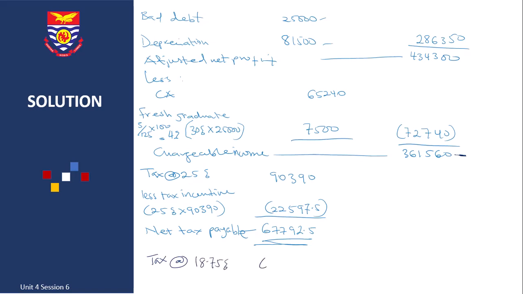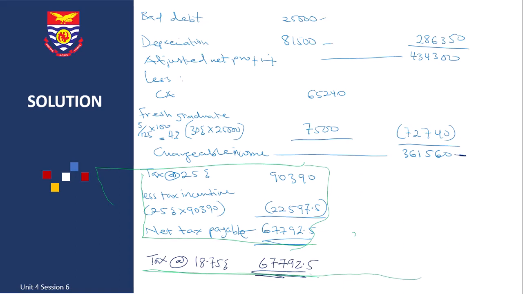So you are going to get straight away the net tax payable. So you can either do it using the first method or the second method. So you can either compute your tax this way or this way. Whichever one you do, it is correct.